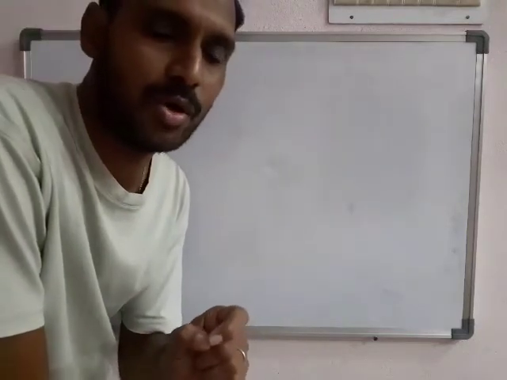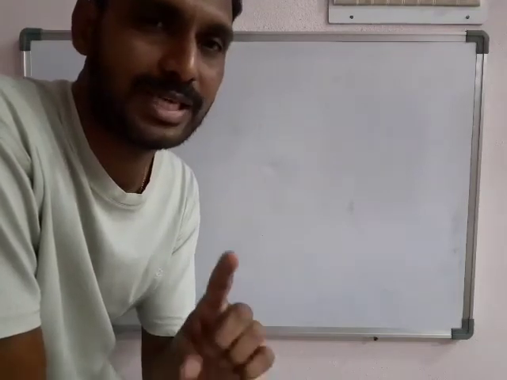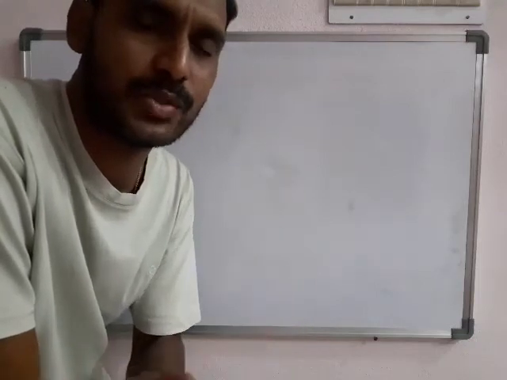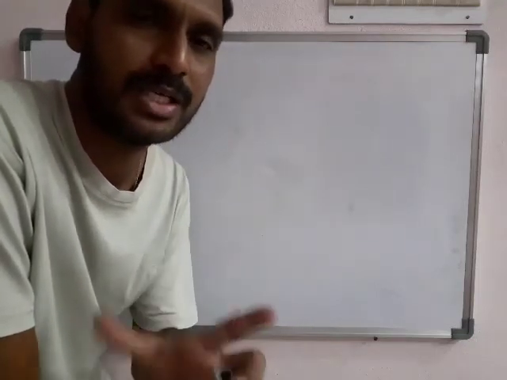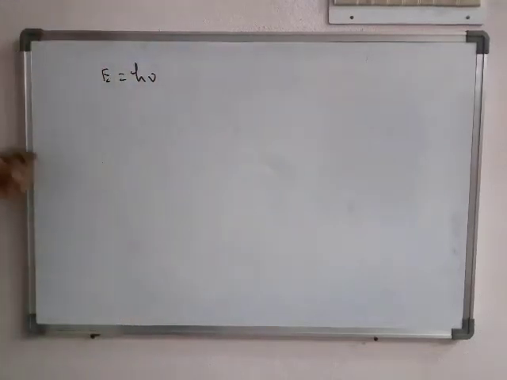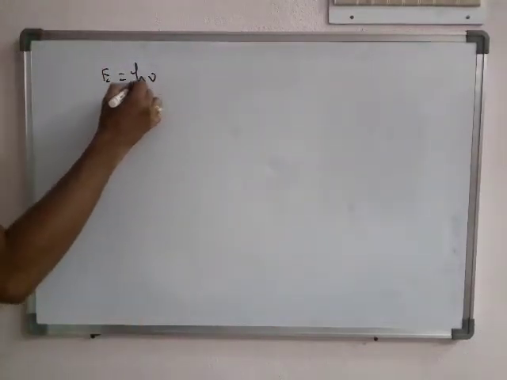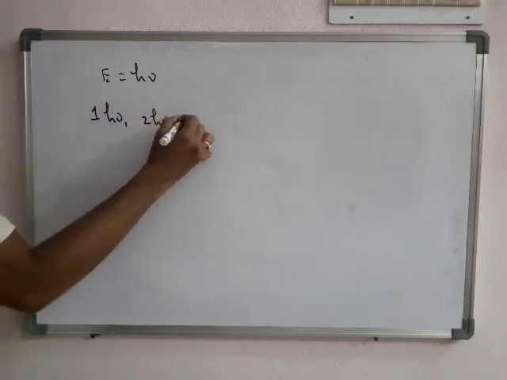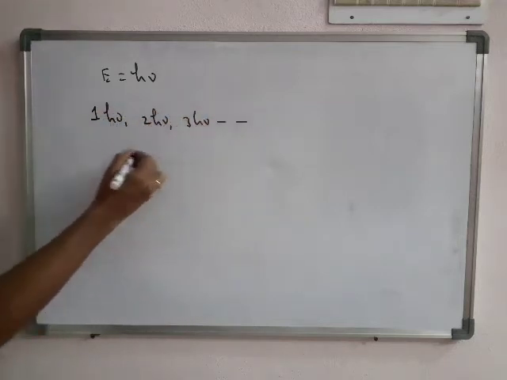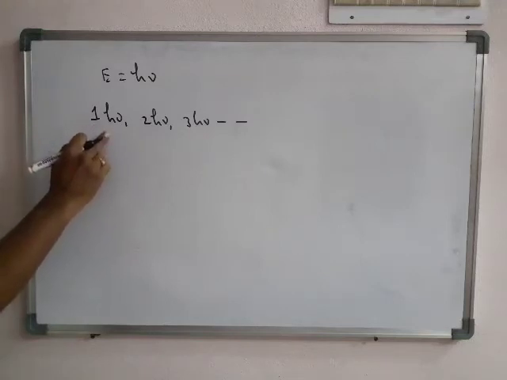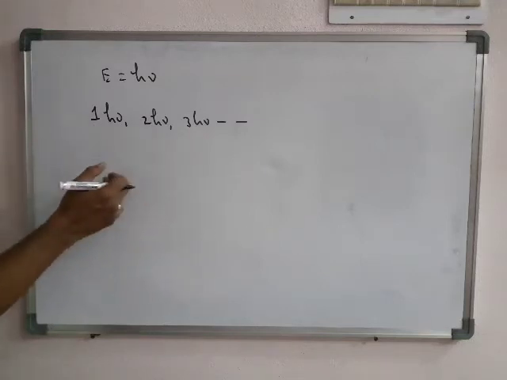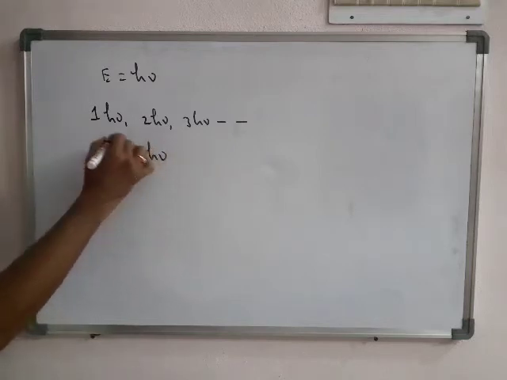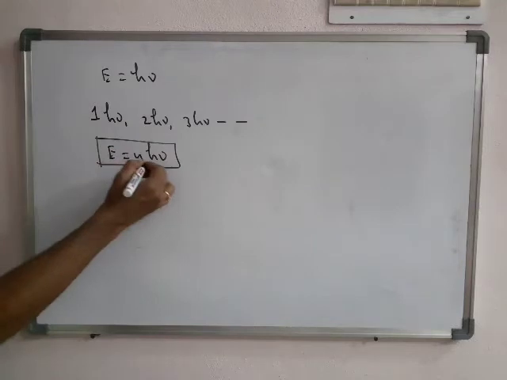Already we said all quanta do not have exactly the same energy. Some have 1 h nu, some have 2 h nu, 3 h nu, like that. But they are not like 1.5 h nu, 2.5 h nu, or 2.3 h nu. So it can be written as E is equal to n h nu.